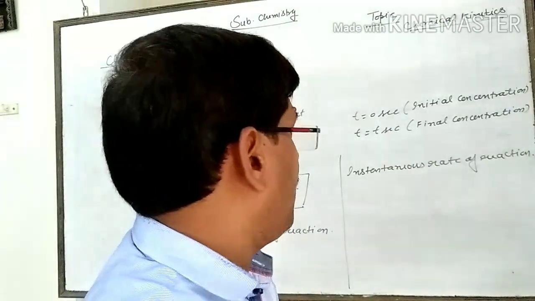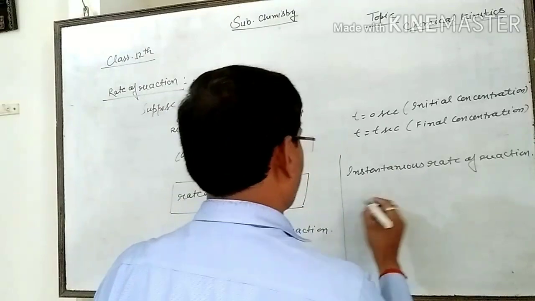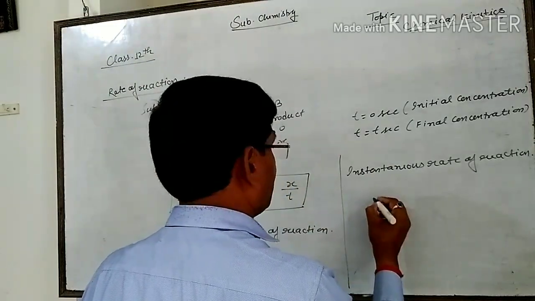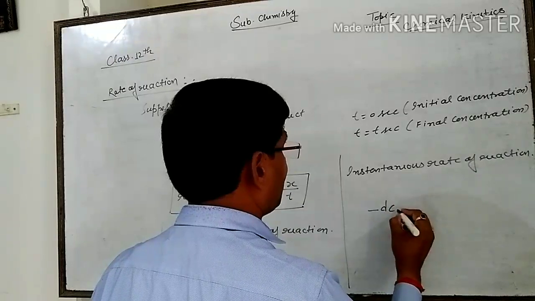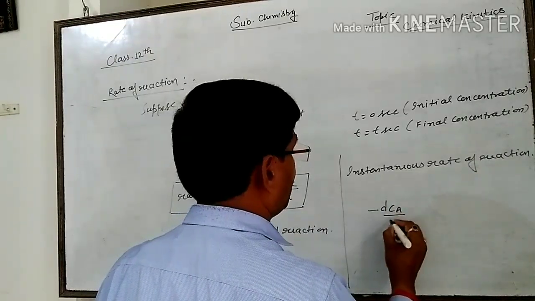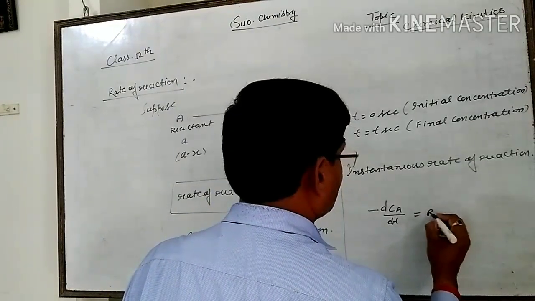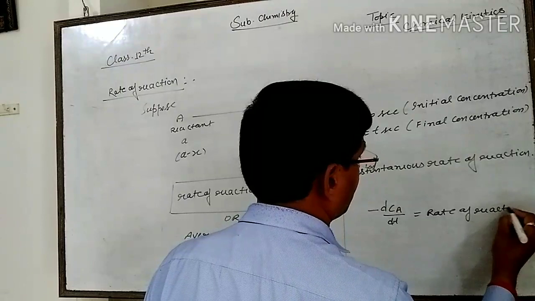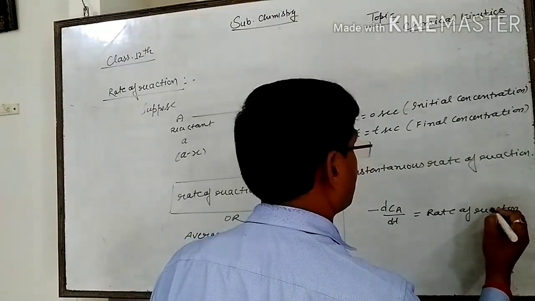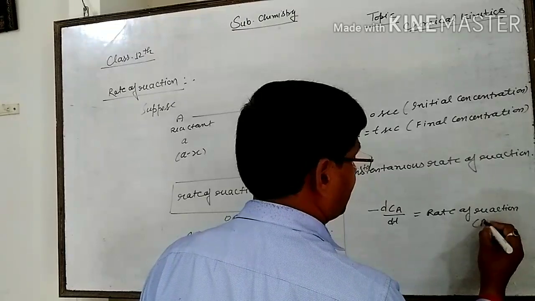And how do I represent it in symbolic form? Suppose for the reactant, it is minus d concentration of A upon dt. This is the rate of reaction for the reactant.